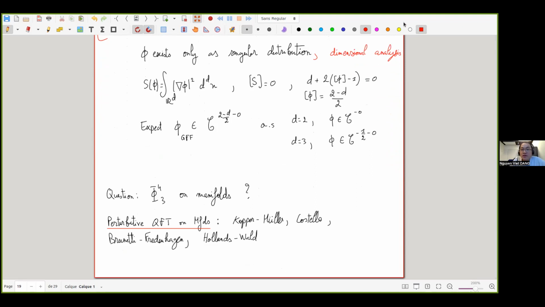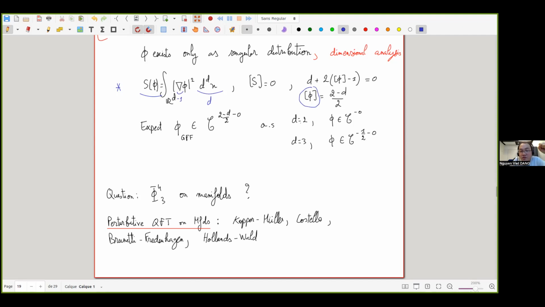I'm going to give you a simple argument, but you can also see it in the slides if you have them. You just calculate the dimension of the field phi. You do dimensional analysis. In physics textbooks, they really love it. You say that the action functional has no dimension, and since d^dx has dimension length^d, and taking a nabla has dimension -1, you deduce that the length dimension of your field phi is (2 minus d) over 2.